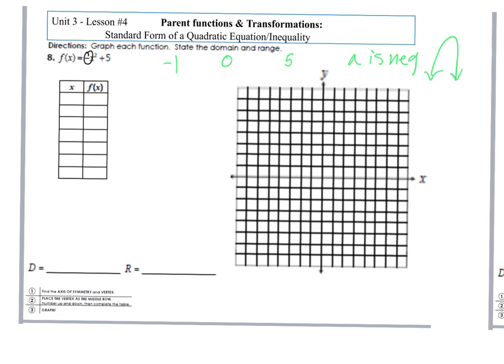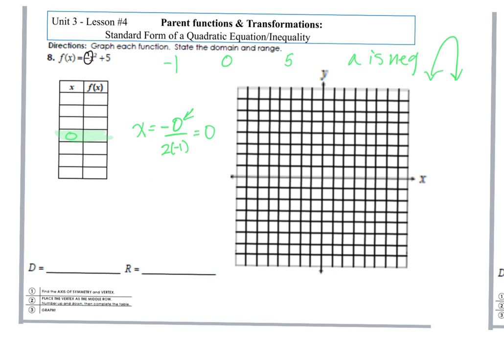Again, starting with the axis of symmetry, we need the values in the middle of the table because it's the middle of the parabola. So we start off by saying x is equal to negative b, which is 0, over 2 times a, which is negative 1. Again, if my numerator is 0, the whole thing equals 0. So the x value of our vertex is 0.